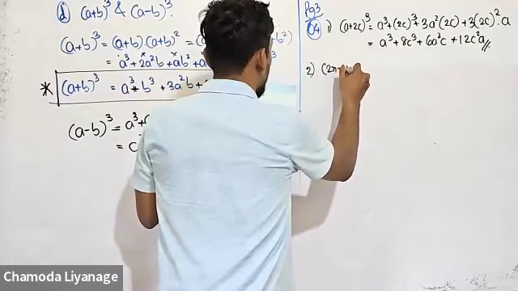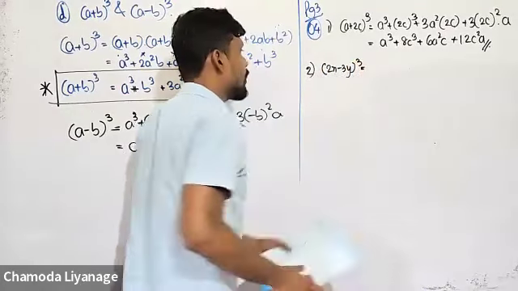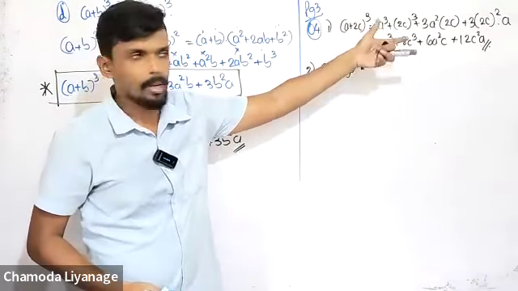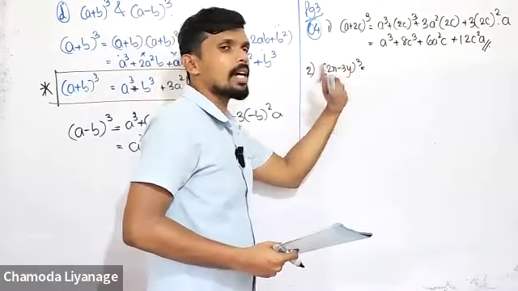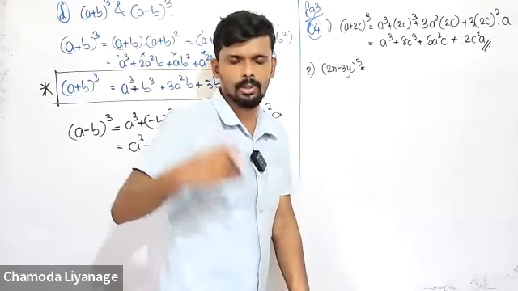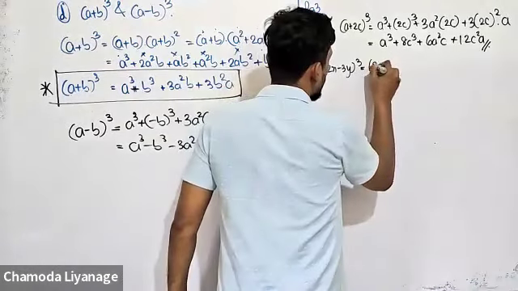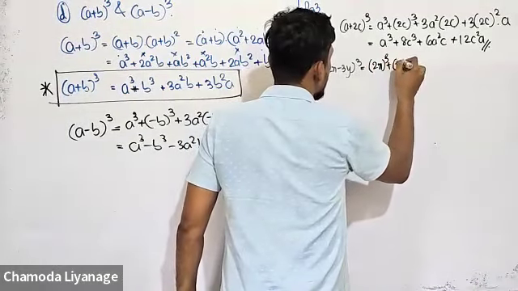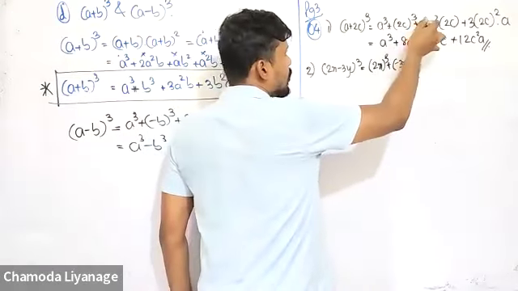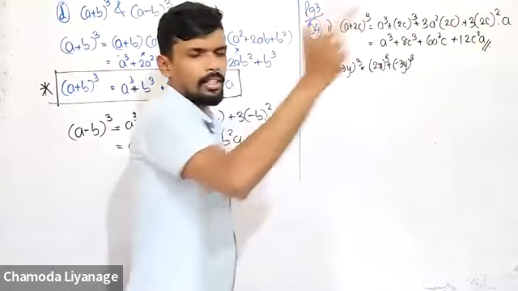2x minus 3y. So for this one also, we can use this pattern, right? A plus b pattern, because the second term is minus 3y now. Just replace that minus 3y in the respective positions. Okay. So 2x cube plus minus 3y cube. Always you have to put plus sign between each term.